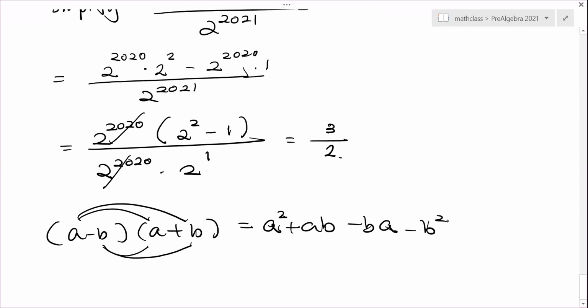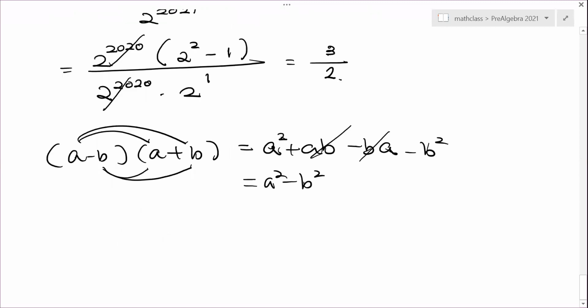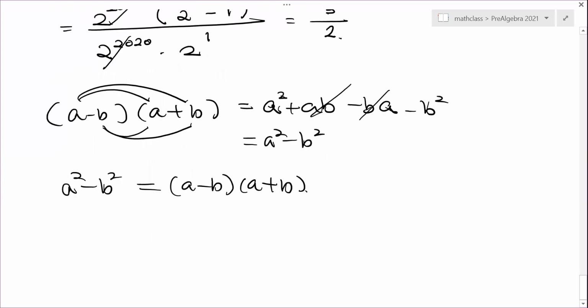So these two cancel out. We get A squared minus B squared.